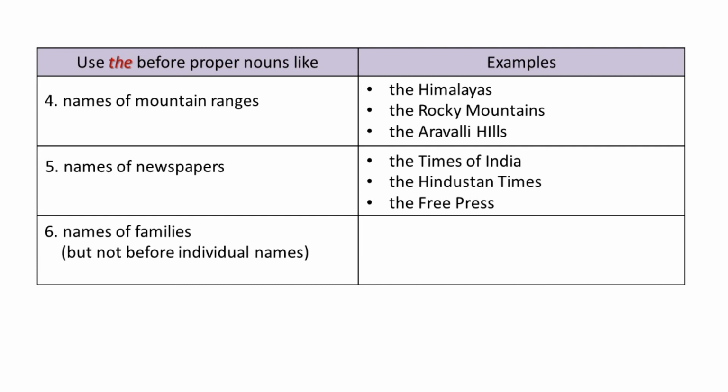But remember, do not use it before individual names. If the name refers to an individual person, do not use the definite article the. But if it refers to the name of the family, you must use the. The Murthis, the Chauhans, the Jacksons.